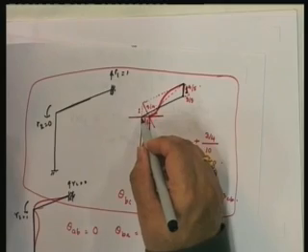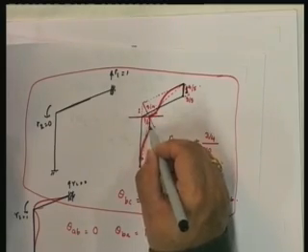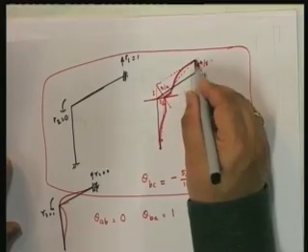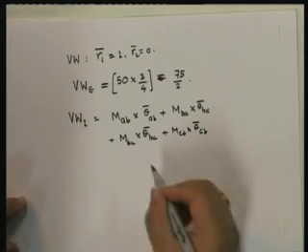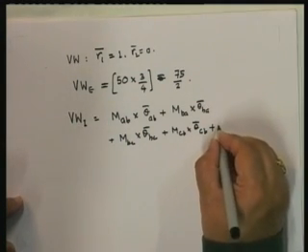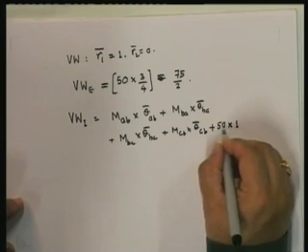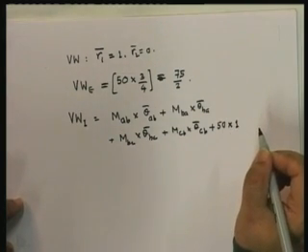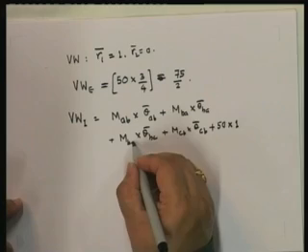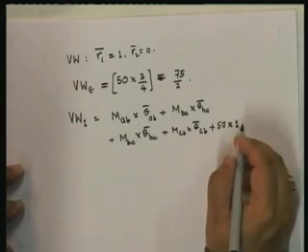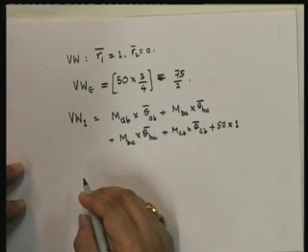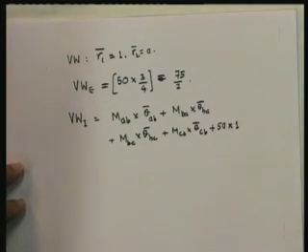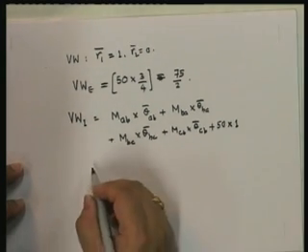It is not, it is only moving horizontally, so this one does not do any work. However, this vertical reaction does work. How much work does it do? It does plus 50 into 1. Having written that, this is my internal virtual work. So I can put internal virtual work equal to external virtual work, and if I substitute all the terms that I have, you will see that this essentially becomes the following.